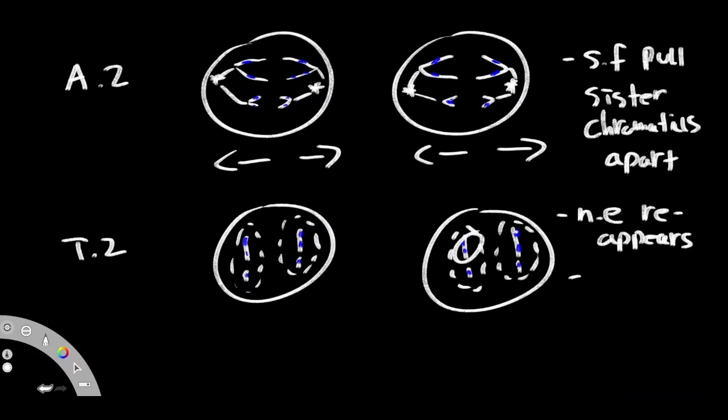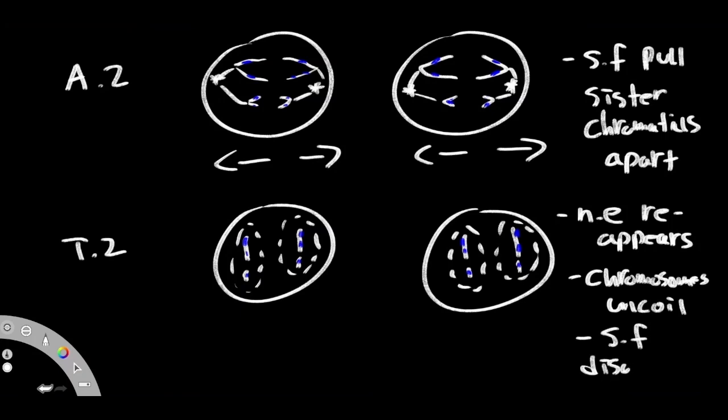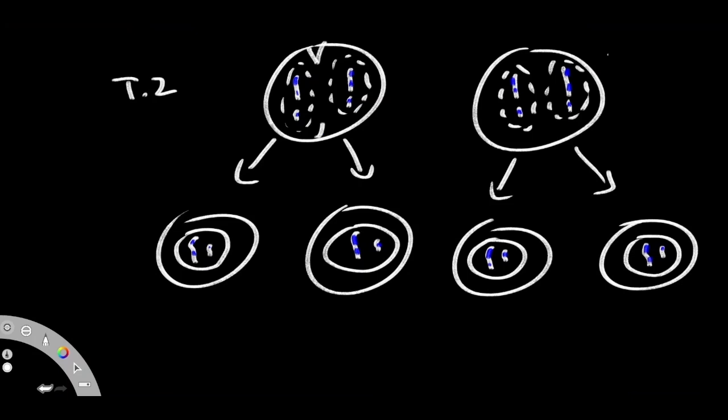And now they're becoming spaghetti-like again, these chromosomes, so they uncoil. And of course, the spindle fibers are gone.